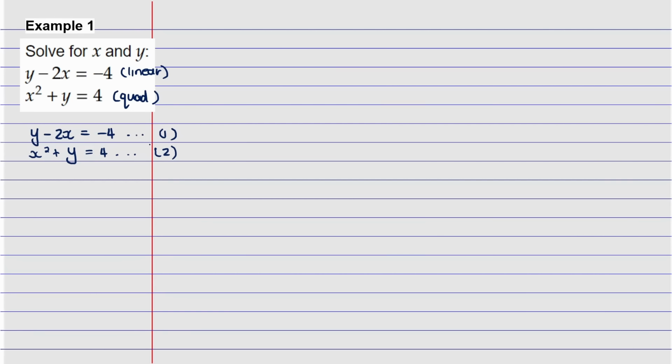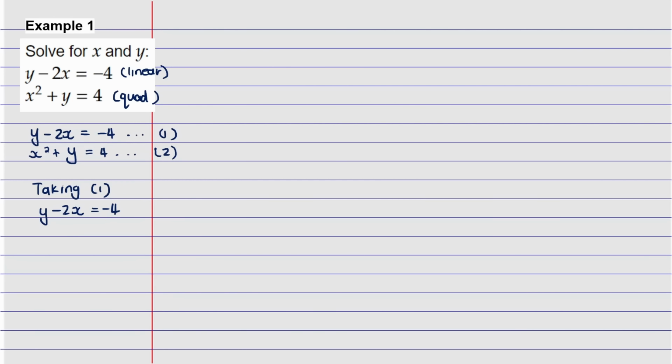The reason why I'm making the linear one equation 1 is because we're going to take the linear one and create equation 3. So that's what we're going to do. Taking equation 1, you're going to have y minus 2x equals negative 4.